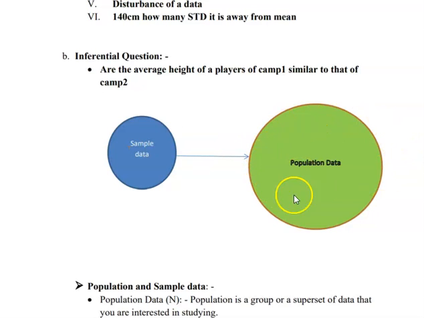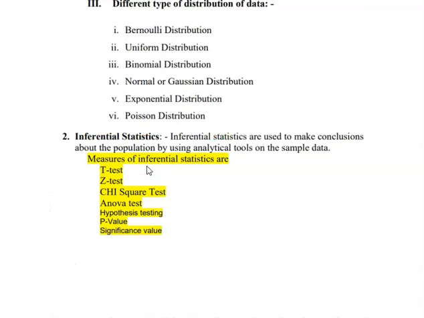The entire population who are eligible to vote is called the population, and the people on whom we have conducted the survey are called the sample. So in inferential statistics, we can make conclusions about the population by conducting a test on the sample data.